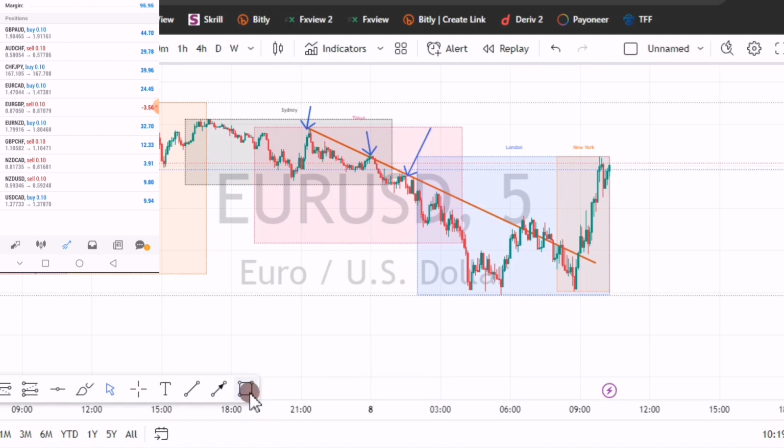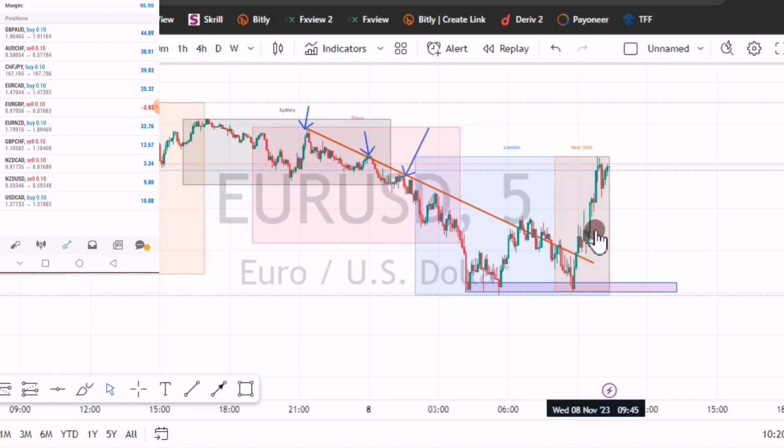And then there was another one. During the London session, there was this touch, and then that touch on the New York session. So I would buy right there. And then seeing price closing above that, I would add more trades.